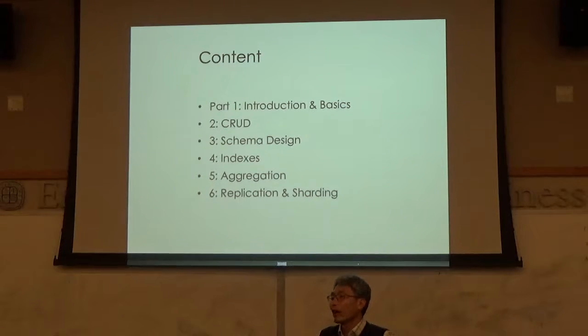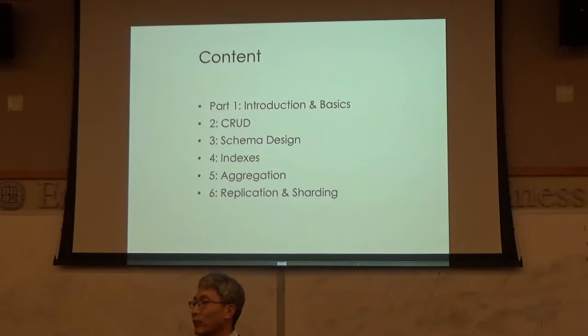Or if you do not have the downloaded virtual machine, you can easily go to MongoDB right now and download and install. It's very simple. We are going to use the MongoDB shell, like the MySQL shell, so it doesn't make any difference. If you do not have the virtual machine, don't worry. You can just download and install, then you can start the exercise.